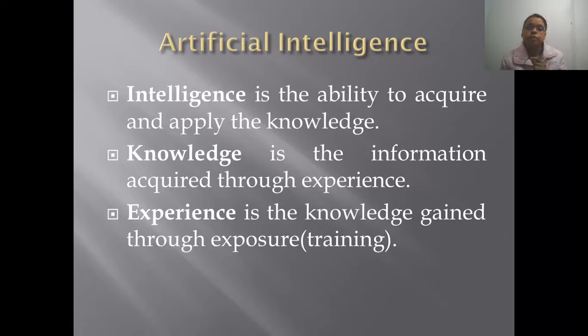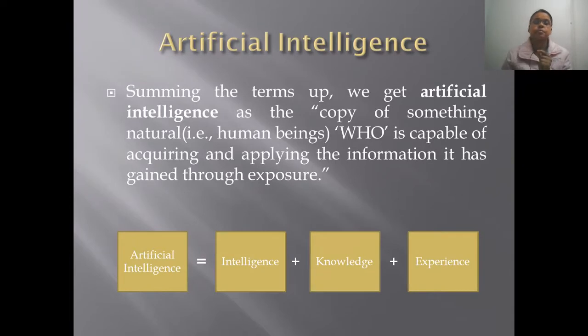For this exposure you will get the experience. So what are these three terms? Intelligence, knowledge and experience play a vital role in artificial intelligence. As you have seen in this figure, artificial intelligence is a combination of intelligence, knowledge and experience.